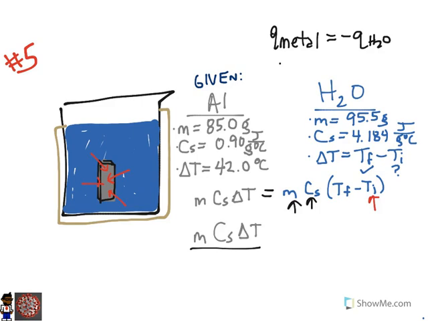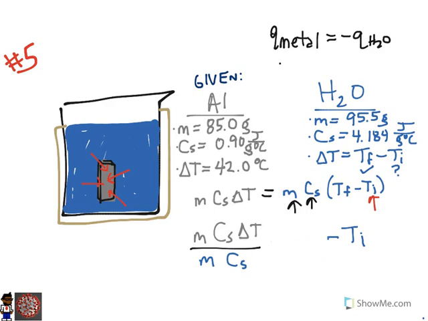We're just going to go ahead and divide both sides by the mass of the water times the specific heat capacity of the water, and that's going to leave us with is equal to the final temperature minus the initial temperature, which is fine because now we just have to get rid of the final temperature. So very simple.